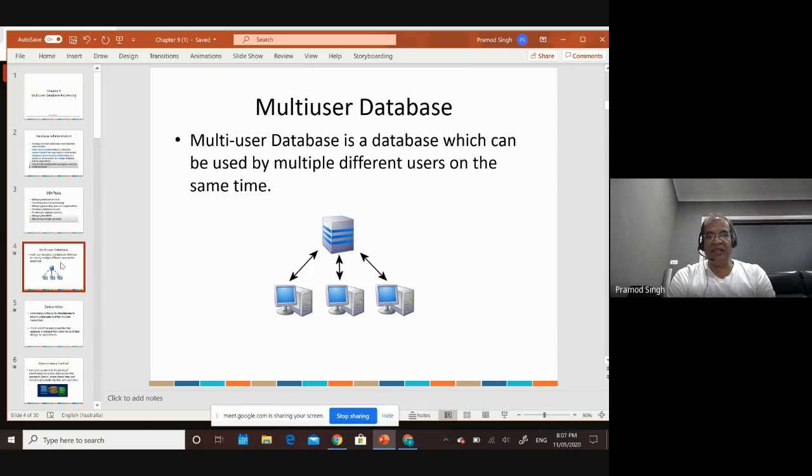On top is a database, and there are three terminals, and all three terminals are sending different SQL queries at the same time. This particular database is able to process these three queries at the same time and also return results to them. That kind of activity happening at the same time is the multi-user environment.